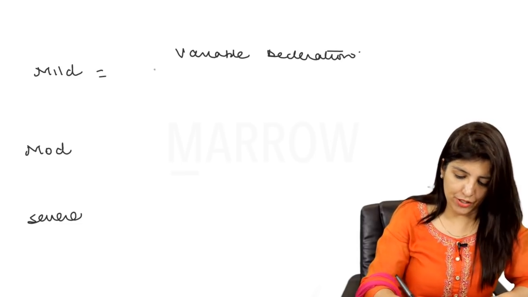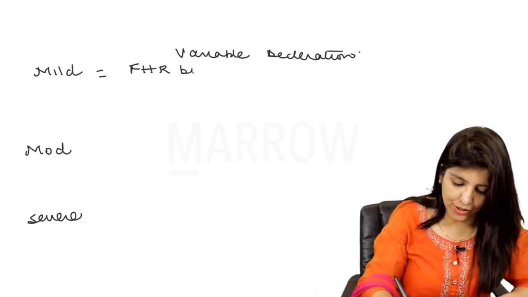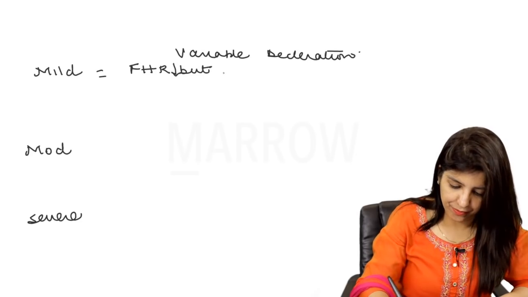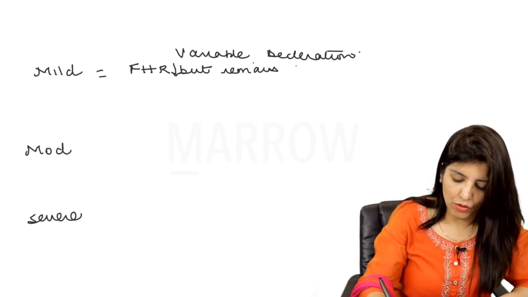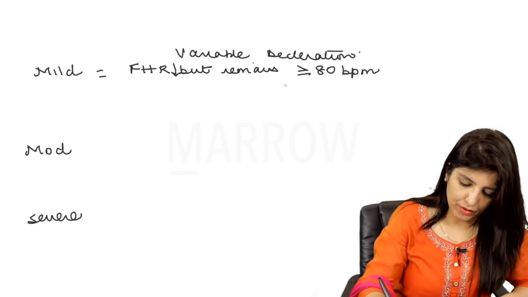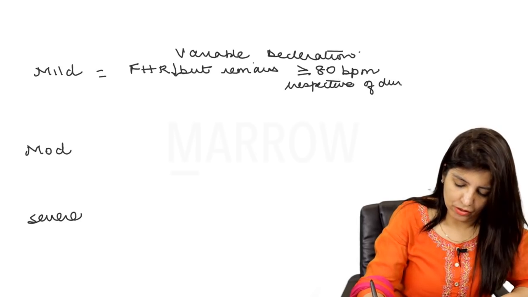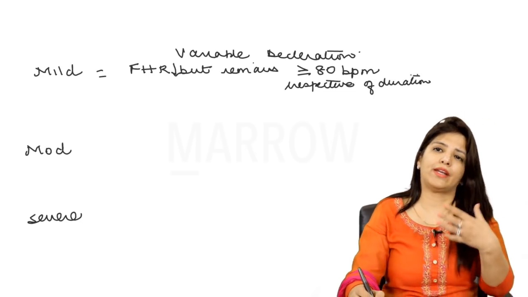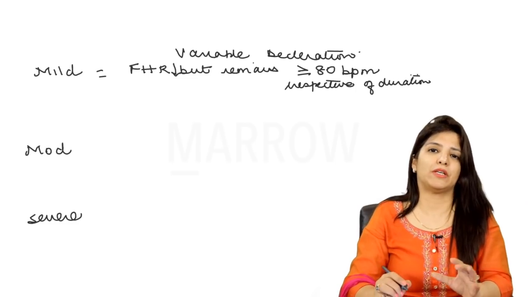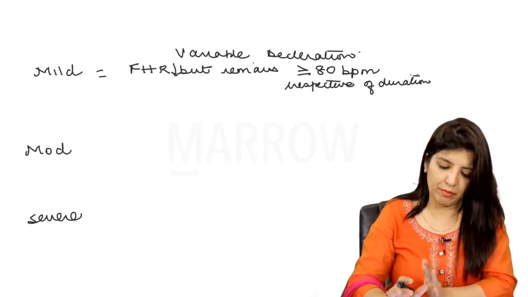Mild variable deceleration means if the fetal heart rate decreases but it remains more than or equal to 80 beats per minute, irrespective of duration. So no matter for how long it has dipped, the fetal heart rate remains more than 80 beats per minute.